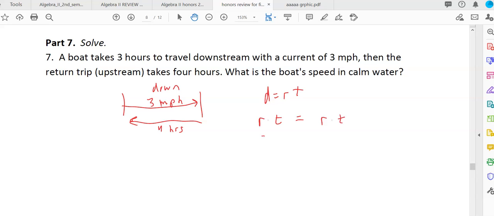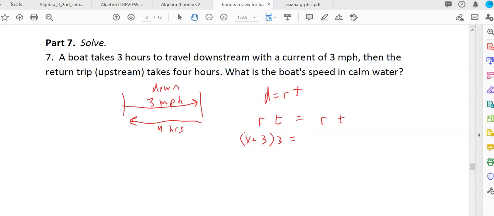So I know the current was 3. But it's downstream with a current, so I'm going to call the rate x plus 3. We don't know how fast the boat was going. Times the time, which is 3 hours. And then the return trip, the time was 4 hours.